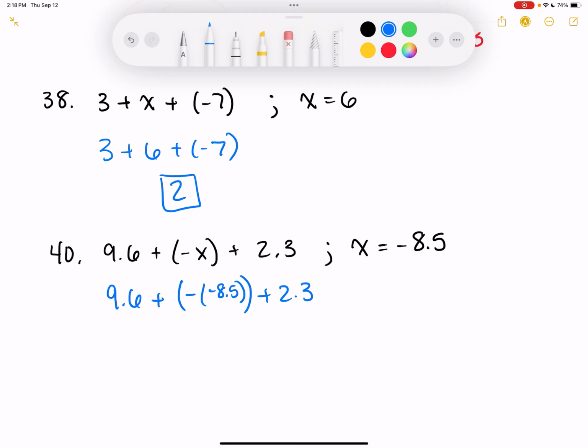So this is going to become 9.6 plus 8.5 plus 2.3, which is 20.4. And again, if you need to do it step by step, that's fine. If you can do it mentally, that's totally fine too.